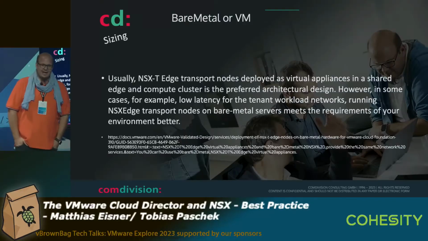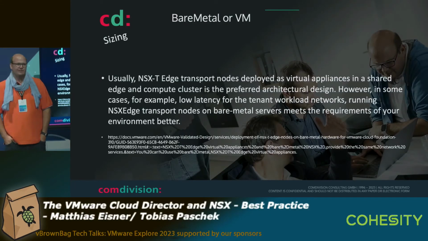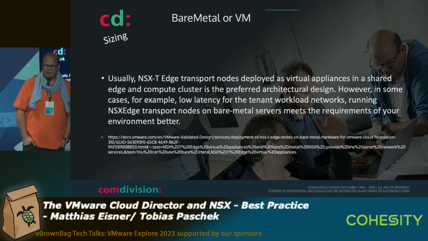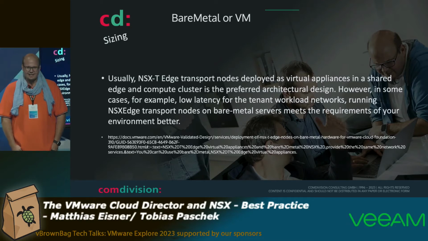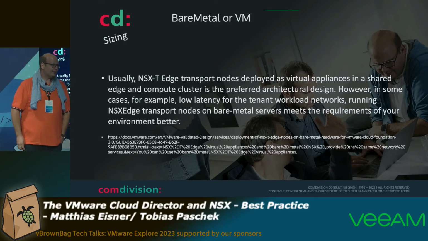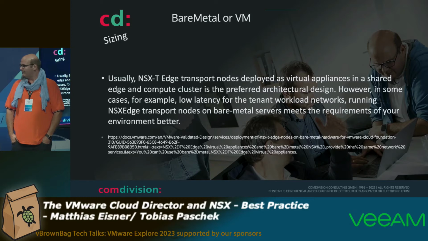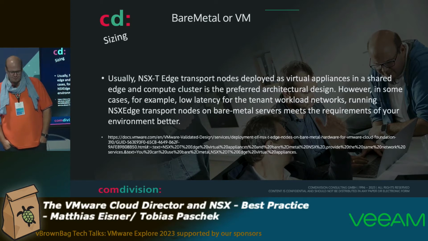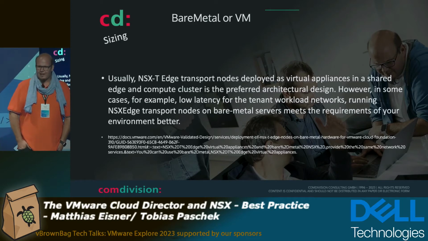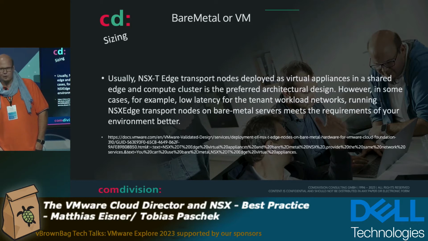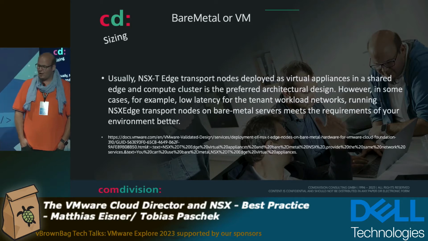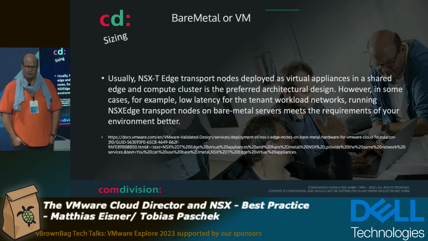Also, the second myth is related to the bare metal edge. Yes, there is a bare metal edge node available, so you can take whatever hardware vendor you would like, an x86 standard server, bring in some specialized network cards, bring in some specialized CPUs and memory, and then you can deploy the NSX edge directly on your bare metal server.